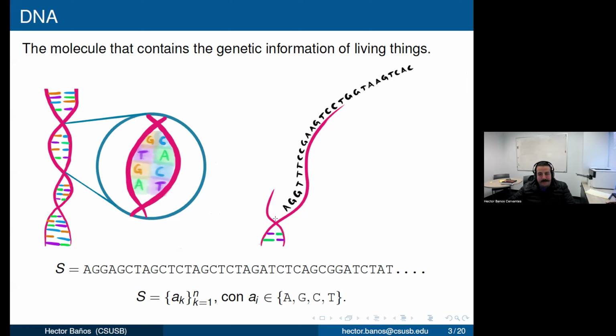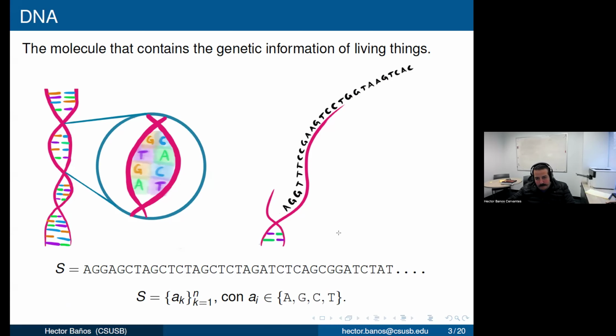Therefore, if you only know one half of the DNA, you can always get the complement by looking at what they should bind. So for us, mathematically, DNA is just a sequence on a 4-letter alphabet: A, G, C, and T.